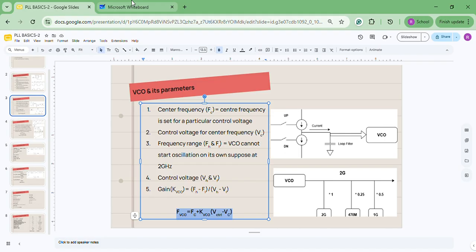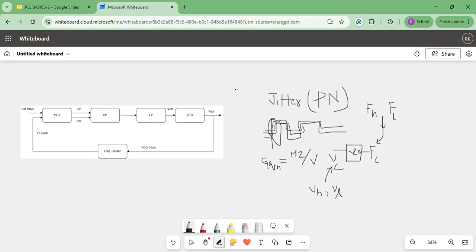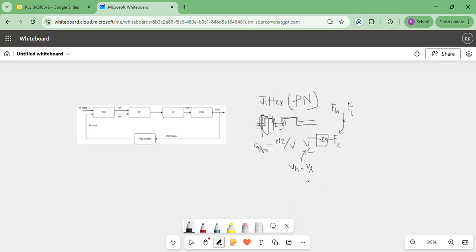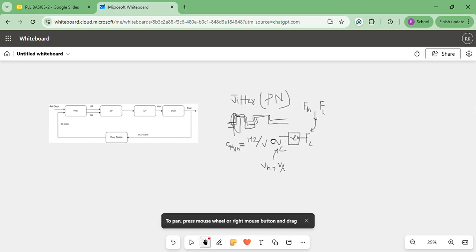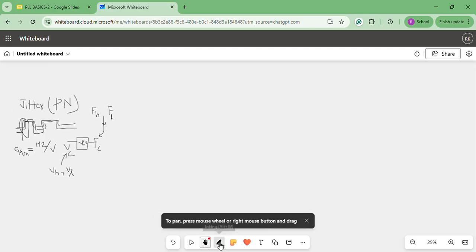So let's dive deeper into the VCO and its function. Before the VCO there is a block called the charge pump, which is fed by the up and down signals. The up current source is fed by the up signal, and the down current source is fed by the down signal.